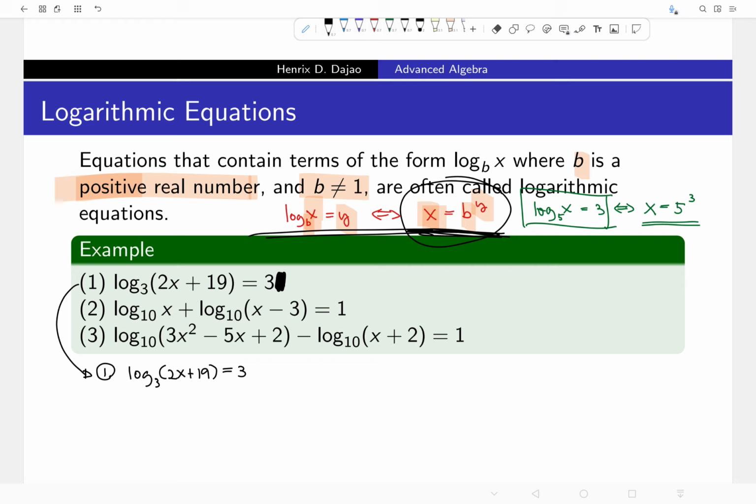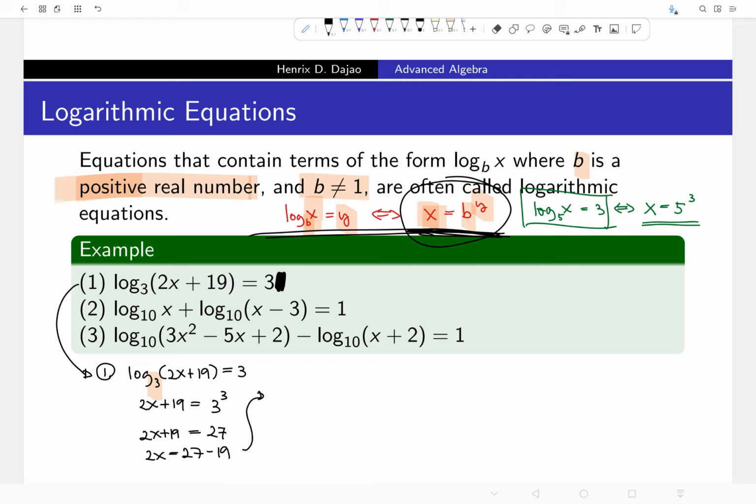So here, this becomes 2x plus 19 is equal to the base 3 raised to 3. So when we get the value of x, it's quite easy now. 3 raised to 3, that is 27. 3 times 3, 9 times 3, 27. So 2x equals 27 minus 19.